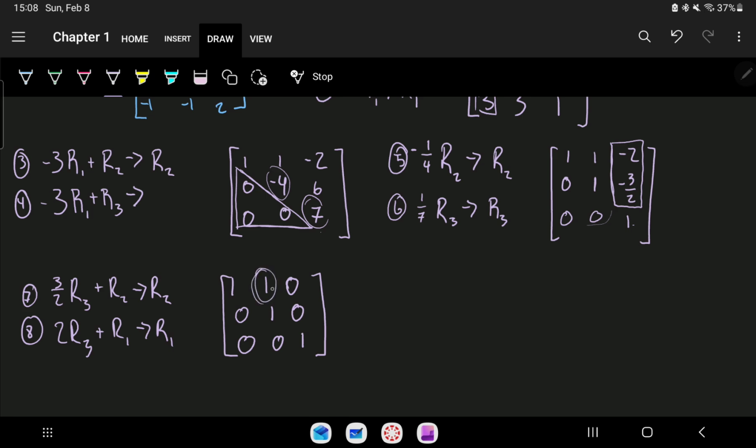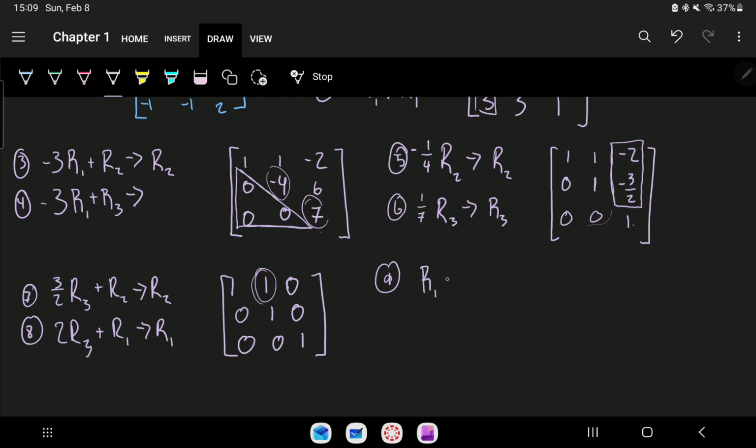Now just one tiny little step left here, because now we're almost there. We just need to eliminate this last 1, right? So that everything below and above the leading ones are equal to 0. So my last step, in order to get rid of this 1, using this one, we can just add a negative of the first row. I know that's a weird way of saying it, but essentially we're just subtracting it.